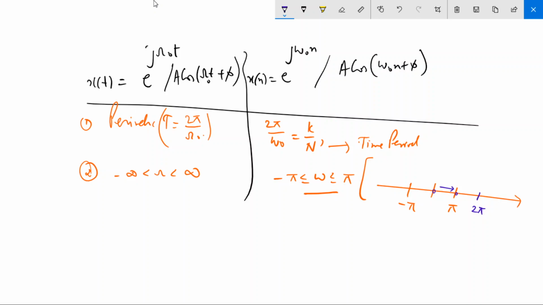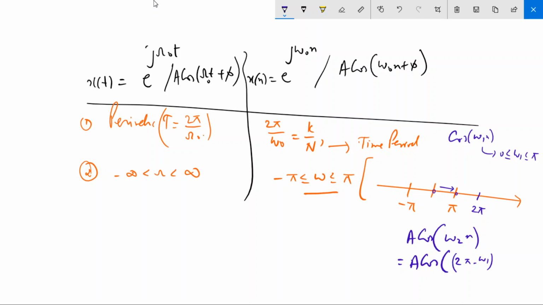Okay, it means if I take a signal cos(omega 1 n), where omega 1 is lying between 0 and pi, and then I take another signal with the frequency of omega 2, where omega 2 is 2 pi minus omega 1. It was cos(omega 2 n), and omega 2 n is cos((2 pi minus omega 1) n).